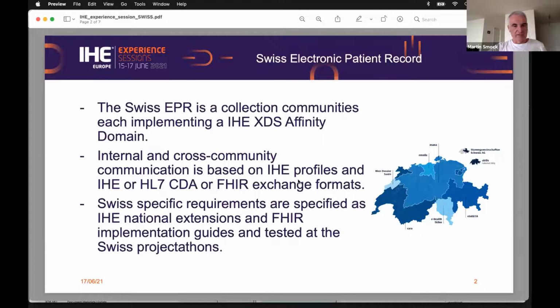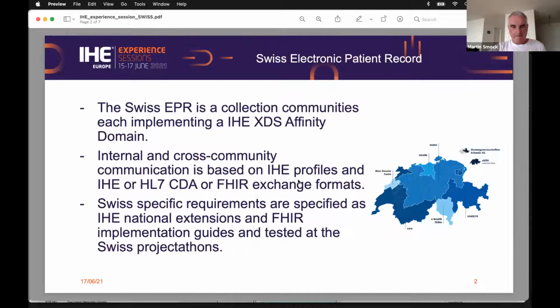Although Switzerland is quite a small country with 7 million citizens, it's nevertheless a collection of communities, each implementing an IHE XDS affinity domain. The small picture on the right side shows that it's more or less regional, but there are also some cross-regional communities for special use cases like medication.